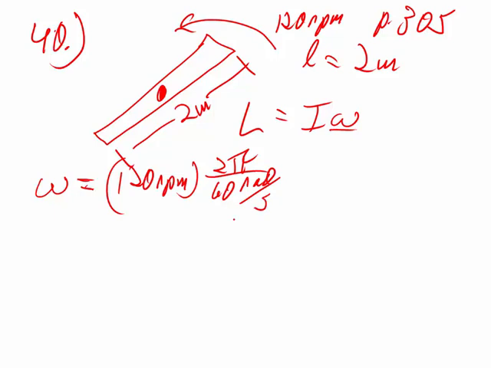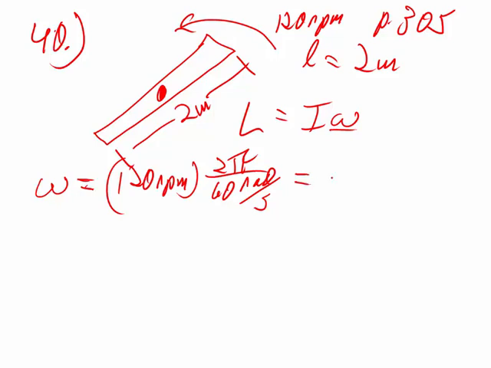Because we know that 2 pi radians is 1 revolution, isn't it? So it's making 120 revolutions per minute, okay? And so we come to 2 times 120, which is 240, and 240 divided by 60 is 4 pi radians per second?